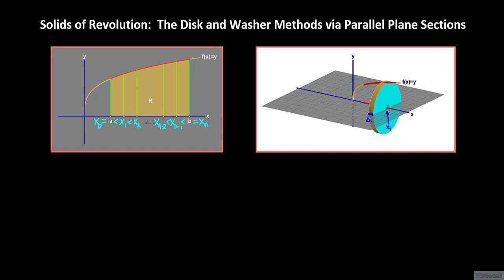If delta sub i x is the thickness of the ith disk, then delta sub i x equals x sub i minus x sub i minus 1. Let V sub i be the volume of the ith disk. Then V sub i is equal to the area of the cross-section of the disk times the thickness of the disk.